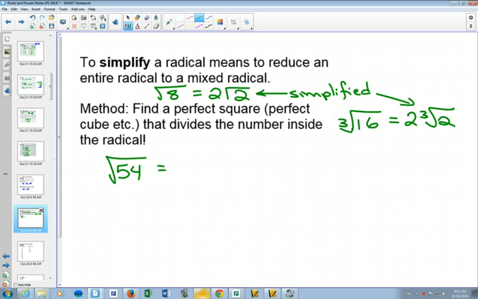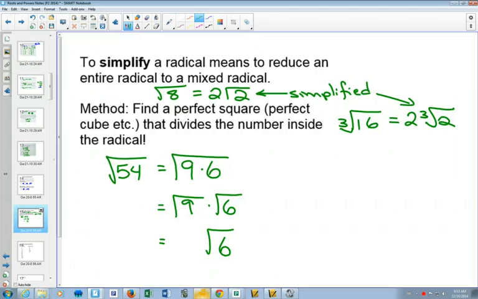So when you go through those numbers that divide 54, 2, 6, 9, 27, 54, 1, are any of those perfect squares? 9, because 9 is 3 times 3. So we know that 54 is 9 times 6. And because 9 is a perfect square, and what we learned yesterday is the product of two numbers inside a square root is equal to the product of the square roots, we could write it like this, and now we could simplify, because the square root of 9 is equal to, what's the square root of 9? 3.